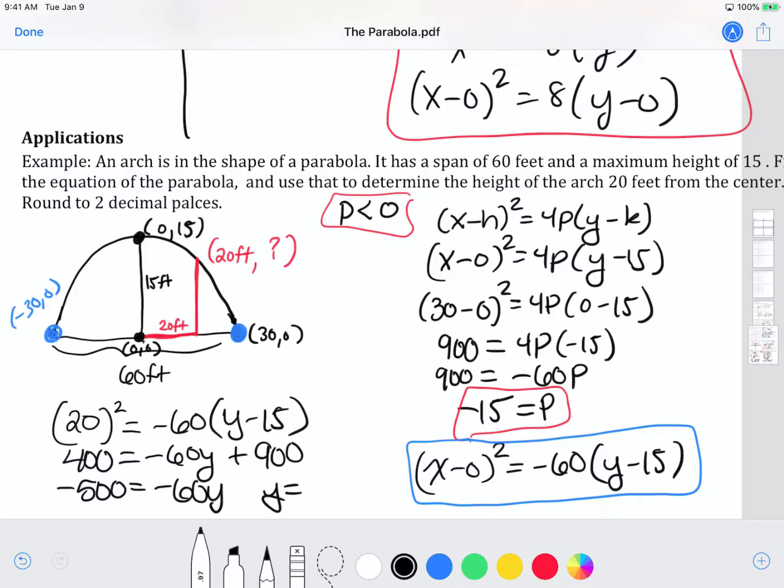And when I divide both sides by negative 60, I get 8.33, and that's in feet. It said rounded to 2 decimal places, so I rounded it to 8.33. So when we come out 20 feet from the center, at that archway, it would be 8.33 feet.